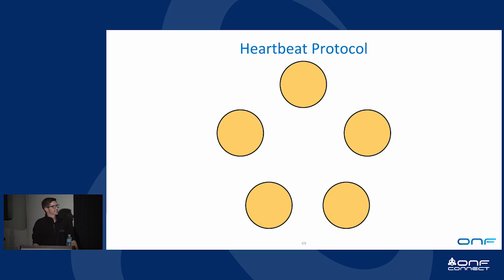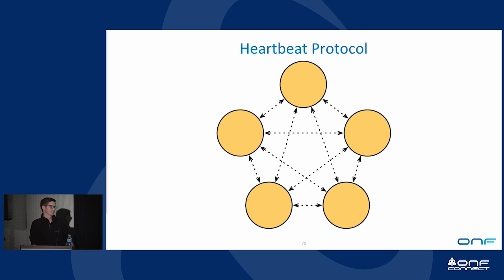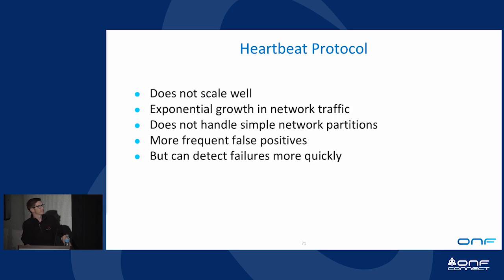But the problem with this is, say in a 5-node cluster, this is basically what's happening all the time. This isn't a huge problem in a 5-node cluster, but what if there are 50 nodes? When you add the 50th node, you're adding a heartbeat to 49 other nodes. And we want to future-proof, obviously.